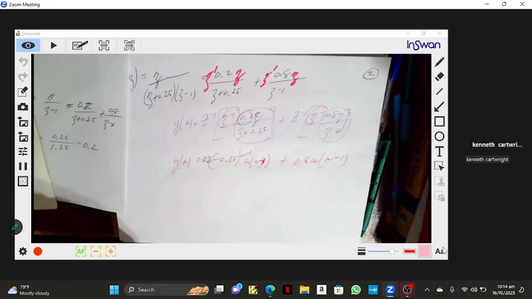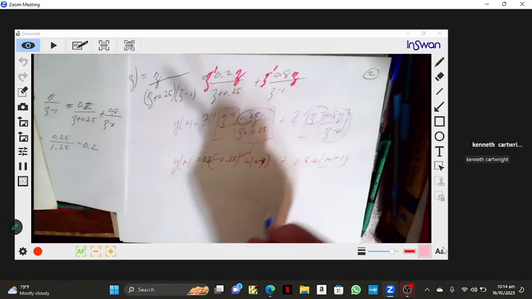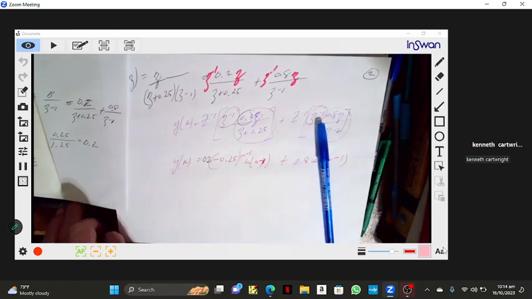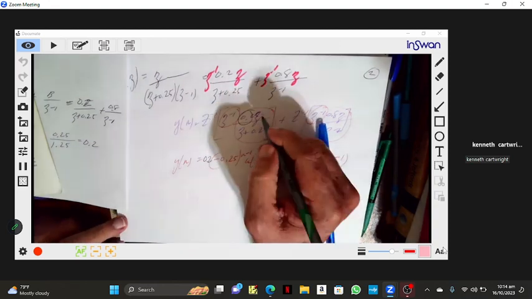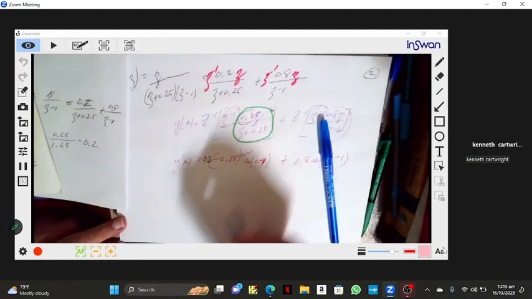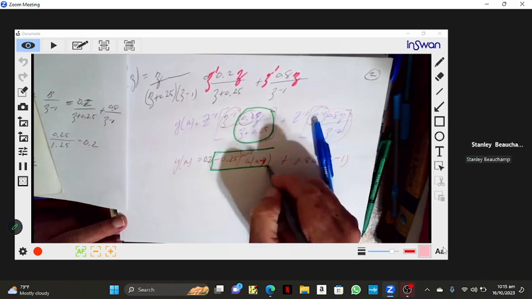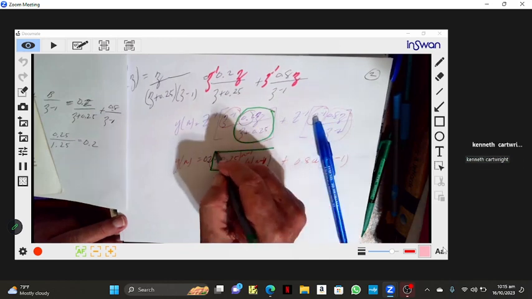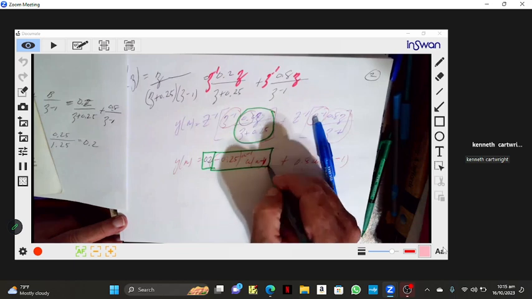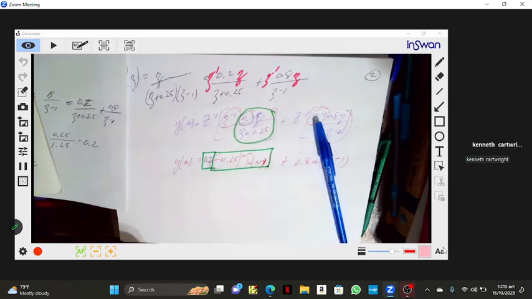You have to do the entry in the table. I don't know why this is difficult to follow. This is the same thing we did with Laplace transforms. The entry in the table is this. That gives us this. The 0.2 as well, except that it's n, not n minus 1.